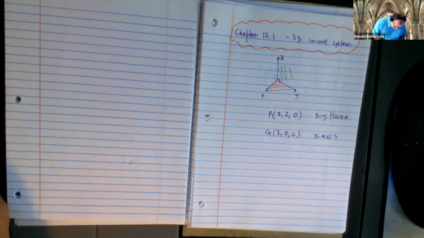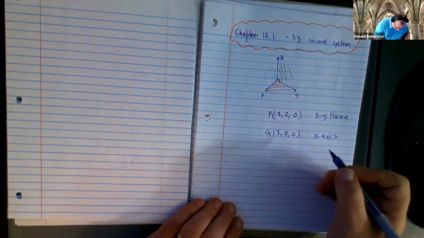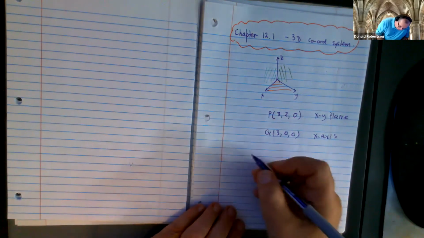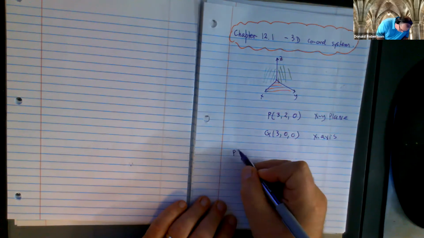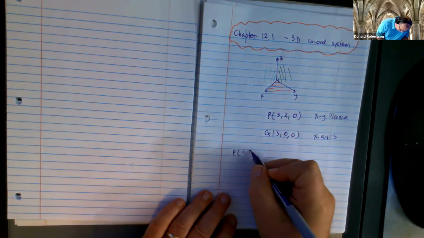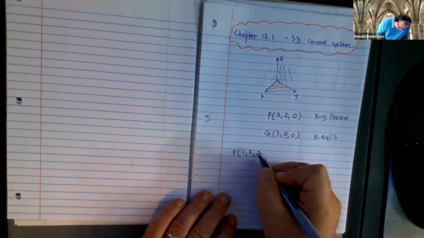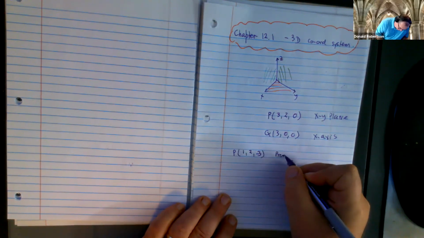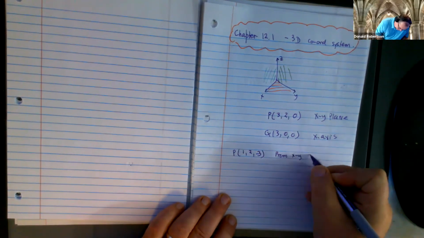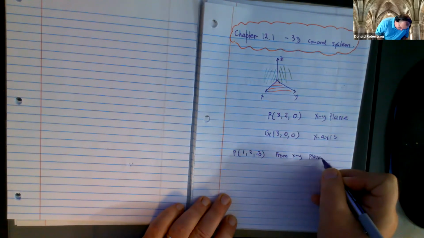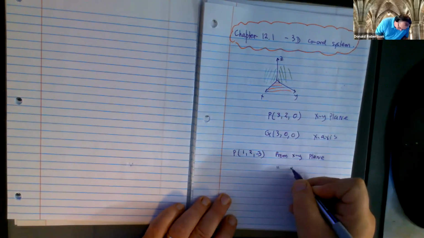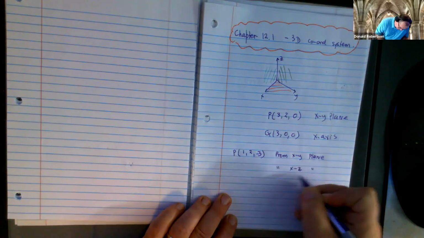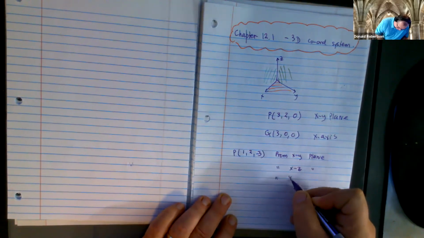Now, if I ask you questions, and they do in the homework, to tell how far, the shortest distance, and I said to you, I would like to know how far this point is from, say, the XY plane, and then the XZ plane, and then the YZ plane.